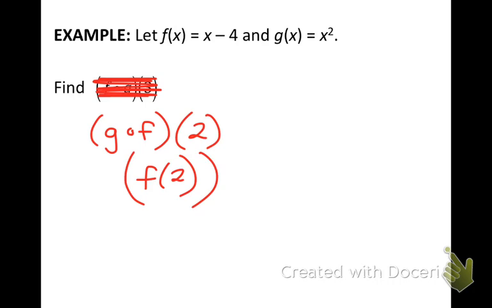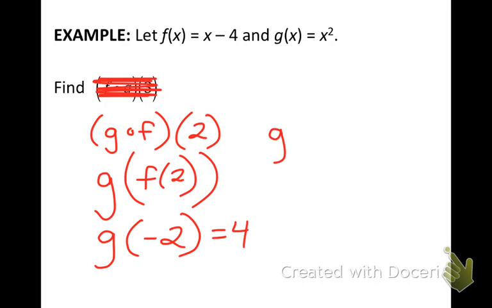Once I get that, I'm going to plug it into my g function. So what is the f function evaluated at 2? Negative 2. So now I'm going to evaluate my g function for negative 2, because f of 2 is negative 2. So what is my g function evaluated at negative 2? 4. Good. So my final answer, writing out the correct notation, g of f of 2 is equal to 4.